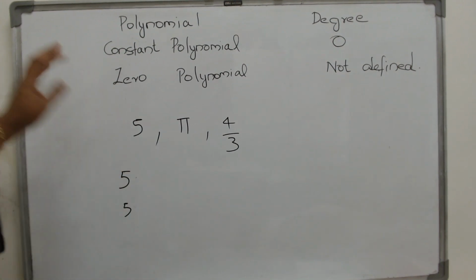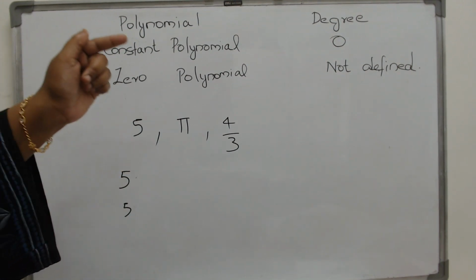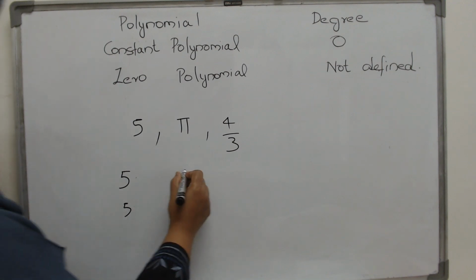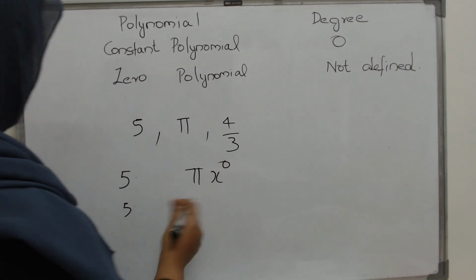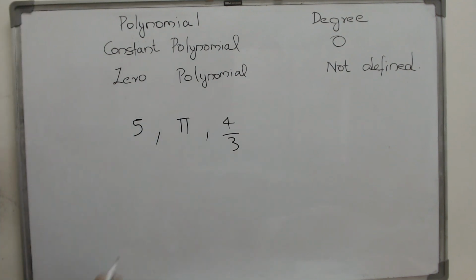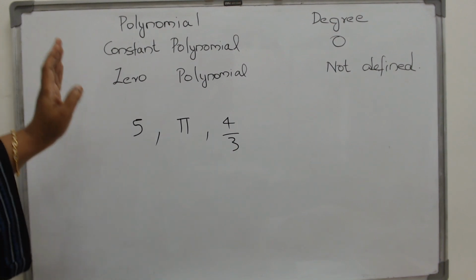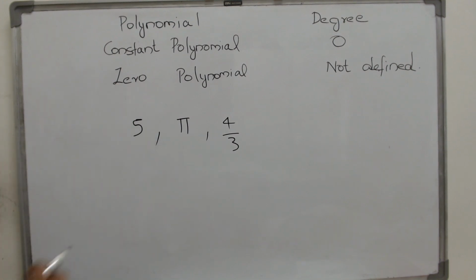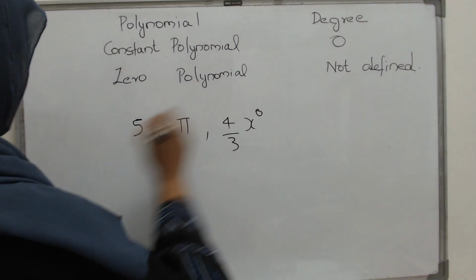So 5 is also a polynomial. Its degree is 0. Same with pi. Pi can be written as pi times x raised to 0. You just don't see it. It is there. So all the constants, whatever non-zero number you have, it is a polynomial. It is known as a constant polynomial and its degree is 0.